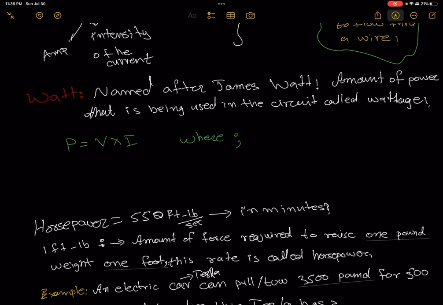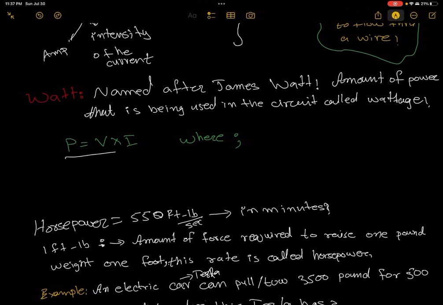We have horsepower, we have British thermal unit, and there are also joule, calories, and everything else that we use for power. So let's define it. The amount of power that is being used in the circuit is called wattage, or watt, simply.